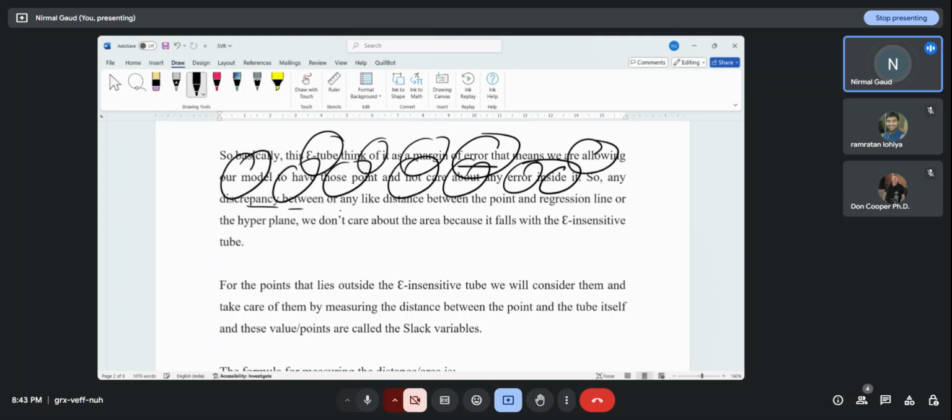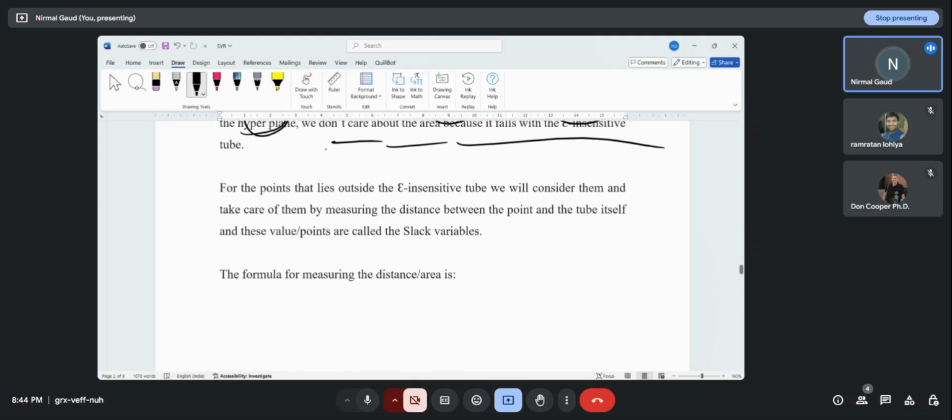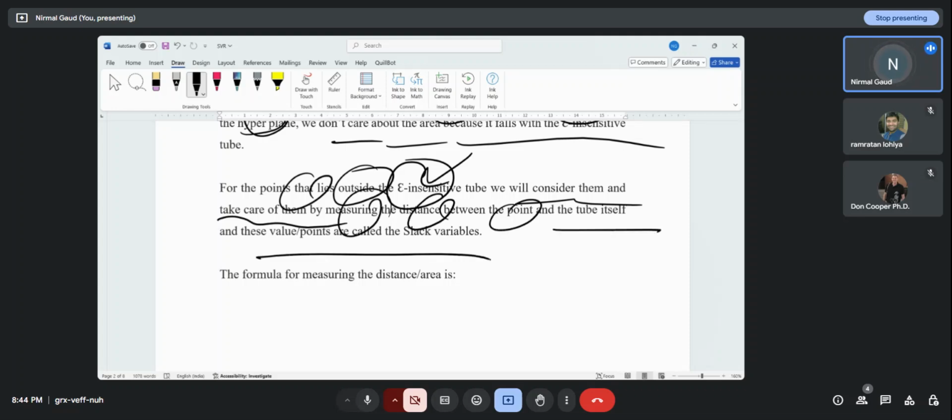So for any distance between a point and the regression line or the hyperplane, we don't care about the area where it falls. For the points that lie outside, there is an issue. The rest I don't care about. They are epsilon insensitive. This tube is the epsilon insensitive tube, and any point coming outside it, we will consider, and we have to take care by measuring the distance of that point from the tube itself, not from the regression line.